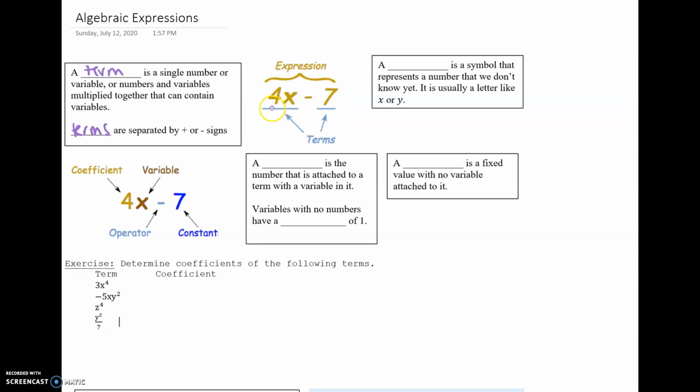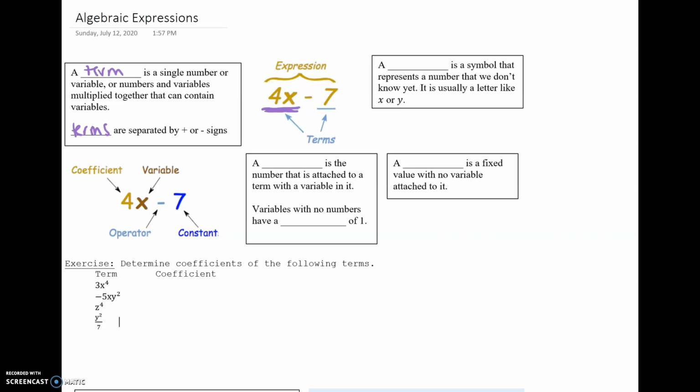For example, the terms here are 4x and 7 because they're separated by the negative sign. The 4 is a number, the x is a variable, and they are being multiplied together, so that would be considered a term. And then the 7 is also considered a term because, again, it's separated by that negative sign. That is what a term is.